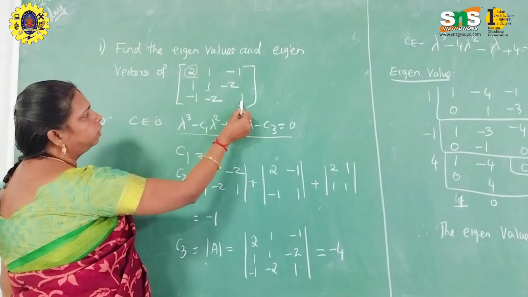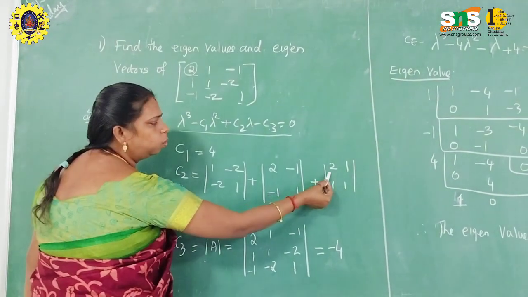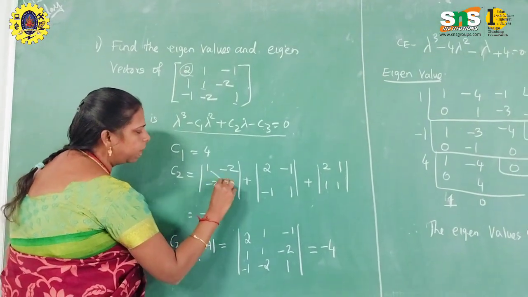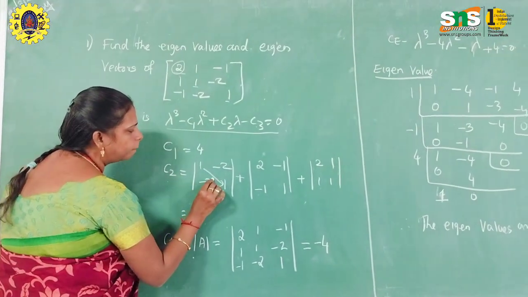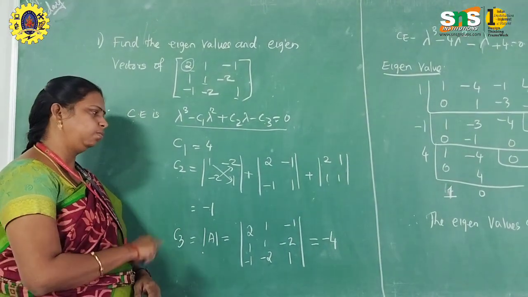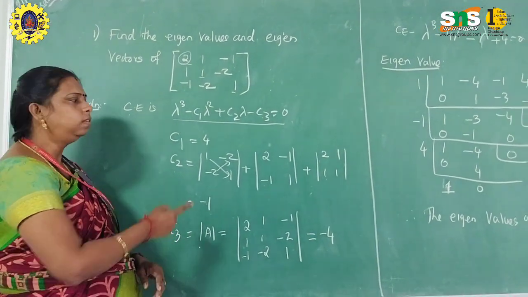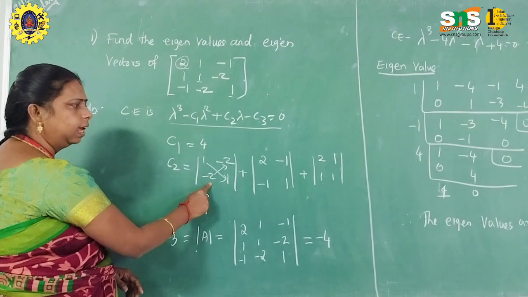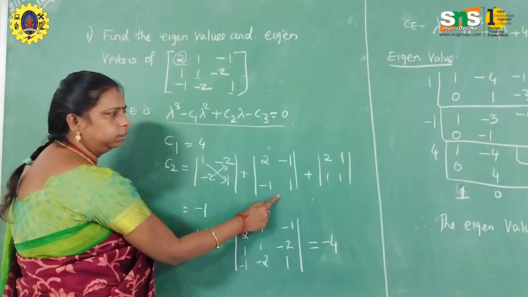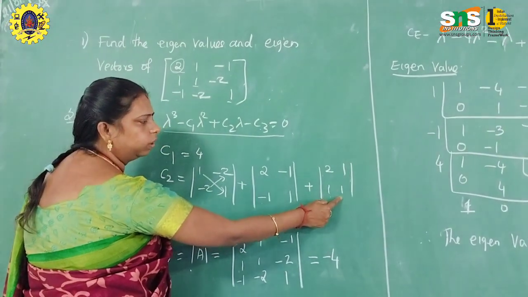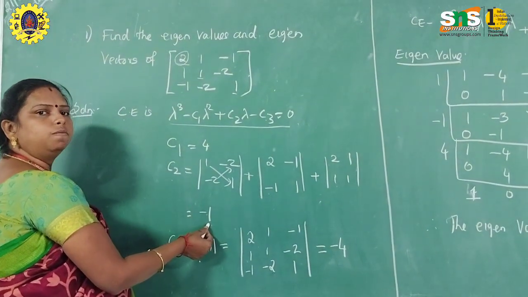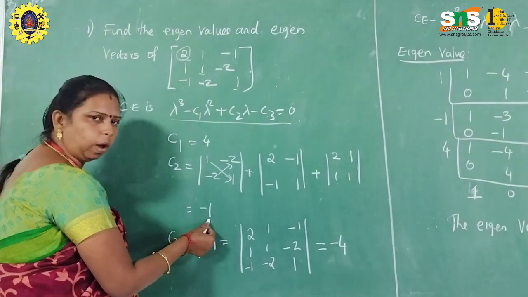Deleting the third row and third column, we get 2, 1, 1, 1. Then cross multiply. 1 into 1 minus -2 into -2, which is plus 4. So 1 minus 4, we get -3. Similarly, 2 minus 1 is 1, and here 2 minus 1 is 1. So finally we get -1. The value of C2 is -1.